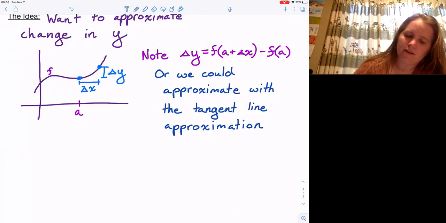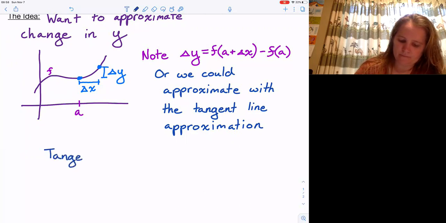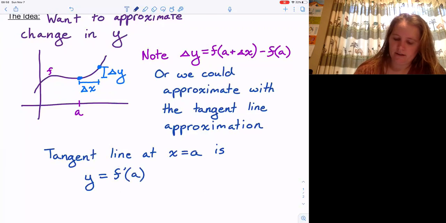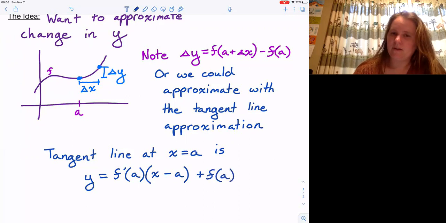So our tangent line at x equals a is, we have y is equal to the derivative evaluated at a times x minus a, and then add on f of a at the end. Right, this is our tangent line approximation at x equals a.